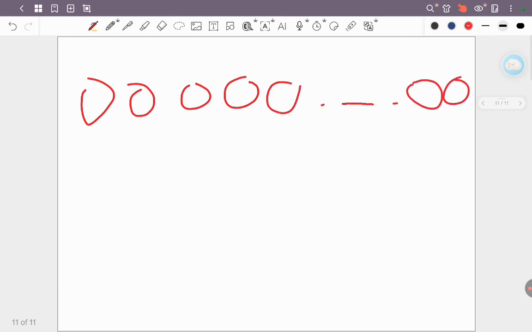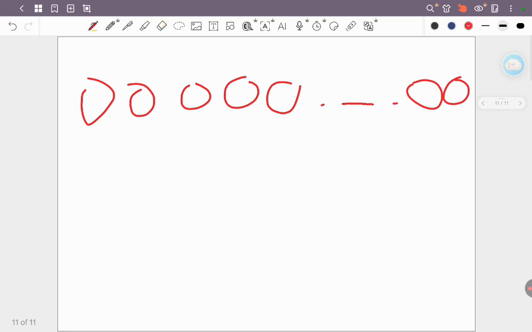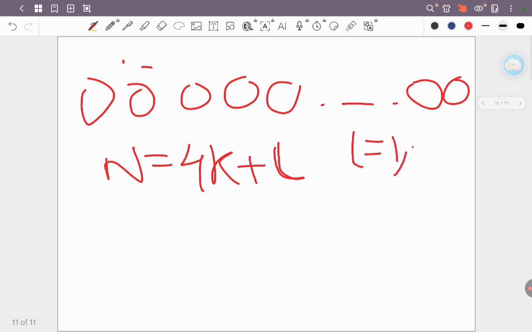So the strategy is very clear. Let's say there are some coins, and we can say that this n is of the form 4k plus l, where l is equal to 1, 2 or 3. l can be anything.